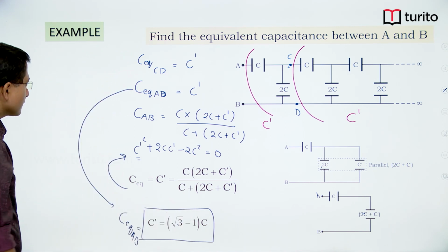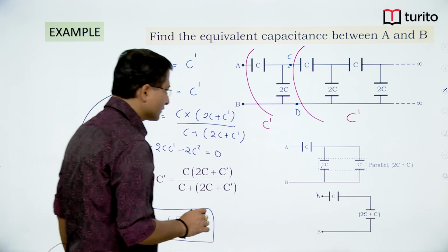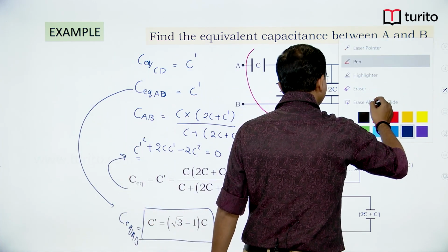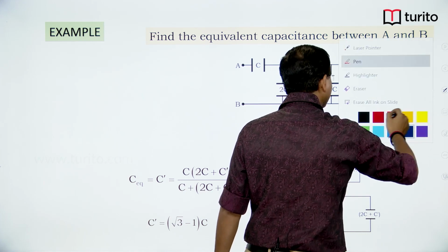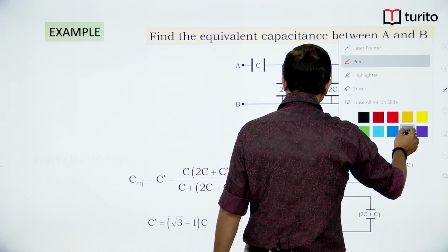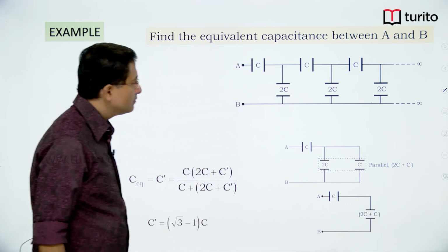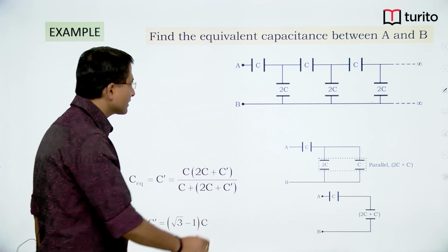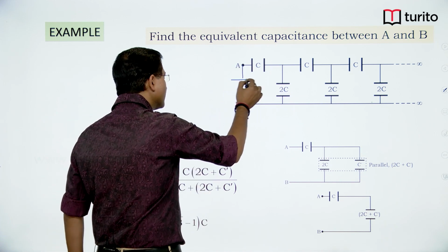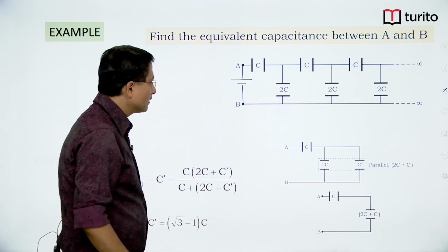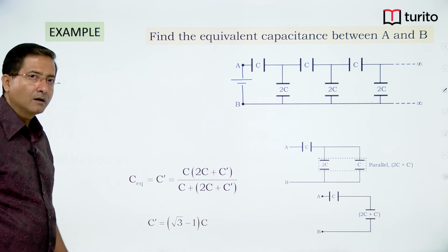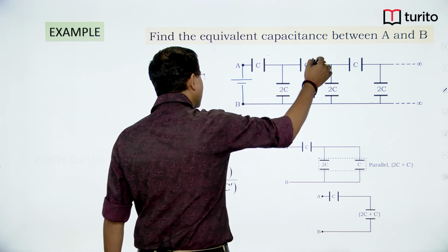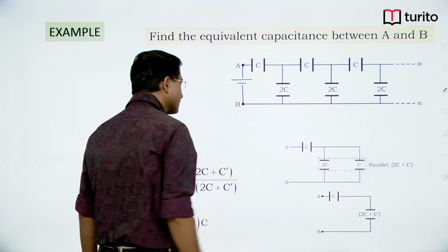Now, let us see another concept, I will erase all the ink. If I say V volt battery is connected here, how much is the charge on this capacitor, or how much is the charge on this capacitor, or how much is the charge on this capacitor.